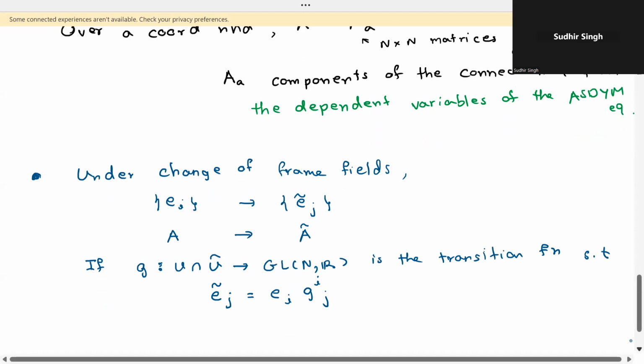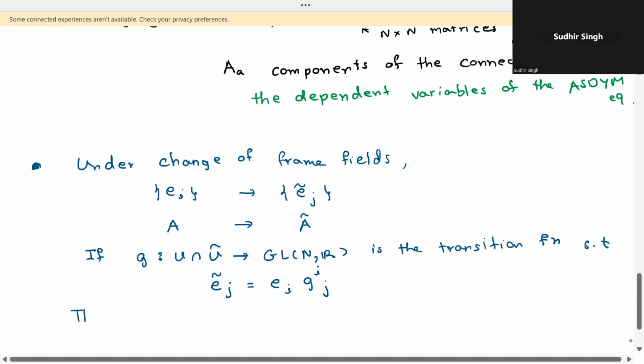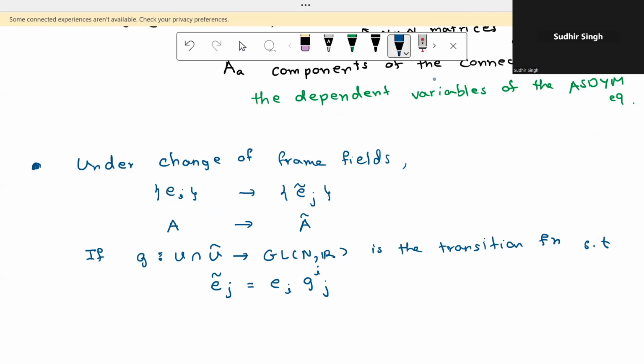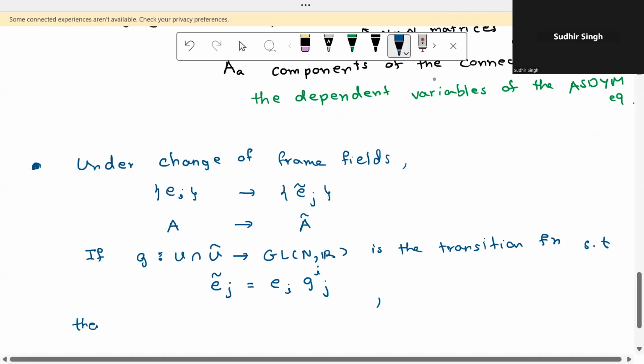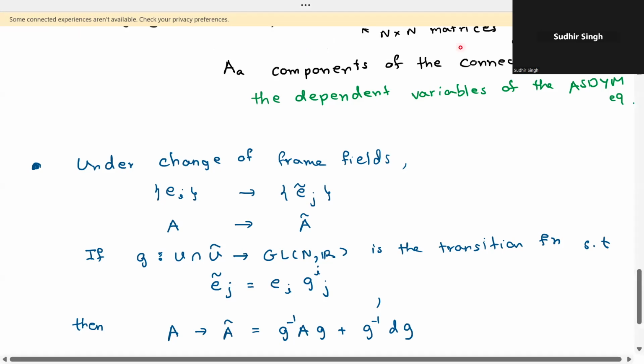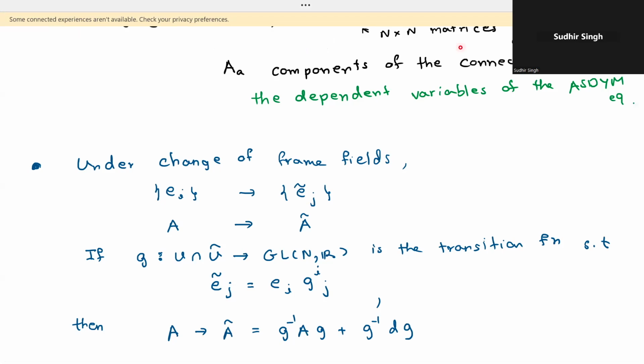then the connection one form A will go to A tilde in this way. So it will be this one. Yes, so A is an n by n matrix and G as well, because it is an n by n matrix of functions.